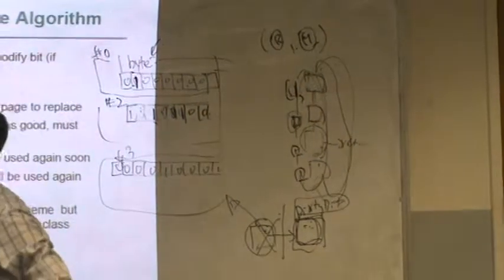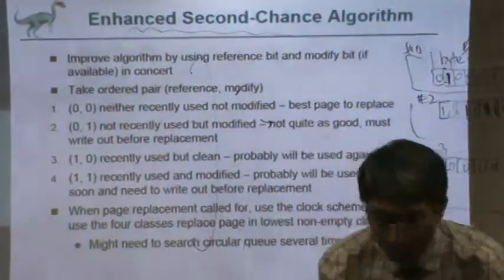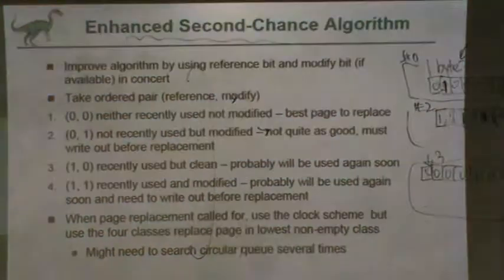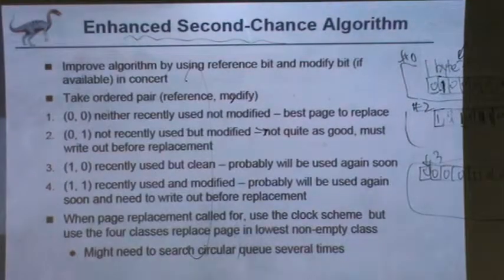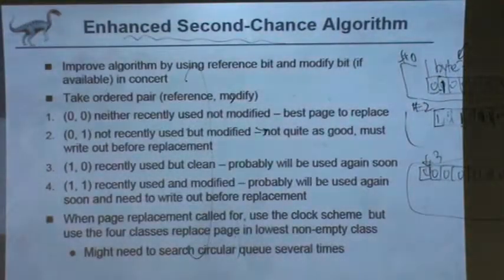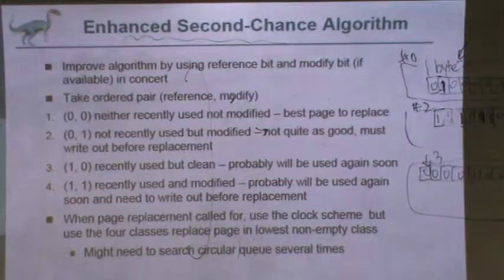So there might be 4 cases. 00 means it's not recently used. It's not referenced and not modified, which means it's the best chance to be the victim page.